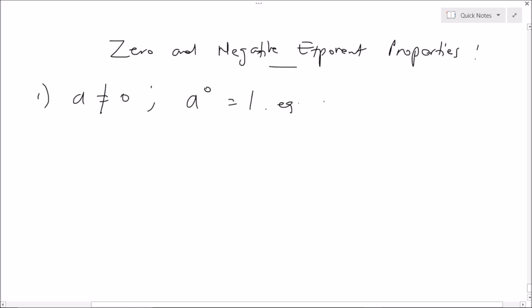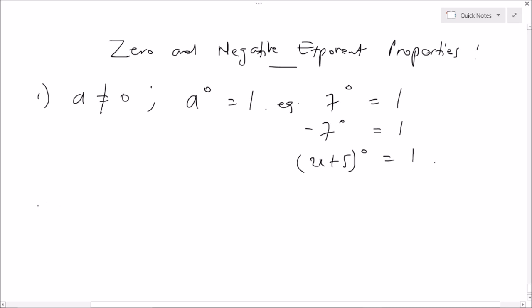For example, 7 raised to power 0 will give us 1. The same way, minus 7 raised to power 0 will give us 1. If we have (2s plus 5) raised to power 0, it will still give us 1. So any expression raised to power 0 will give us 1.